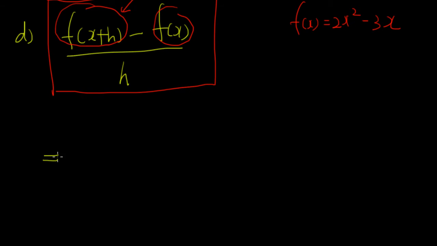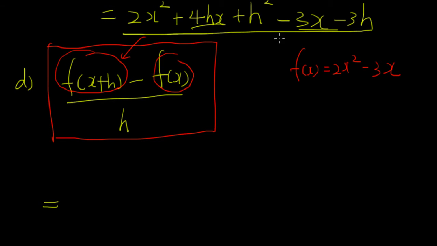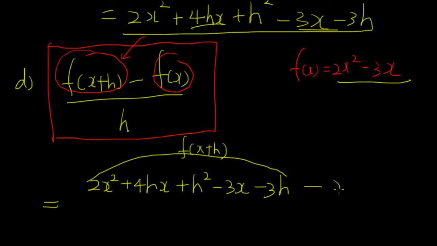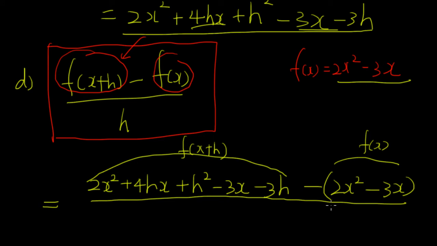So I'm going to write this: 2x squared plus 4hx plus 2h squared minus 3x minus 3h. That's all f of x plus h. Minus f of x, which is 2x squared minus 3x, over h.